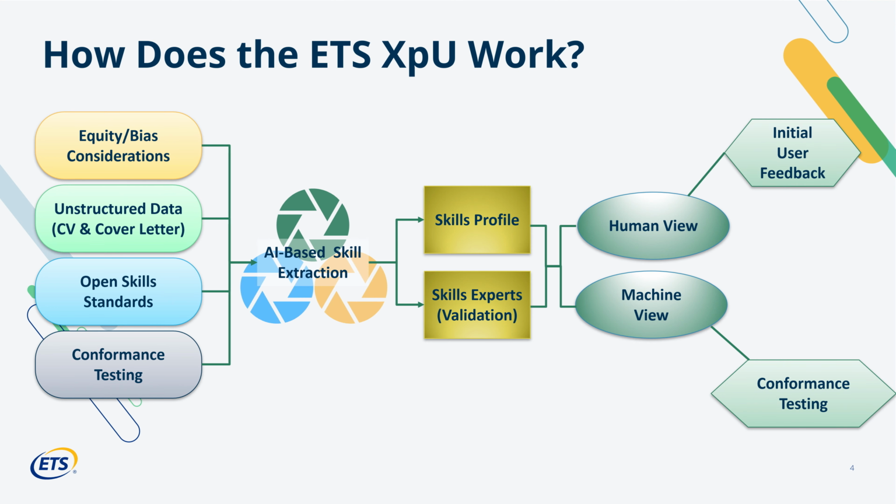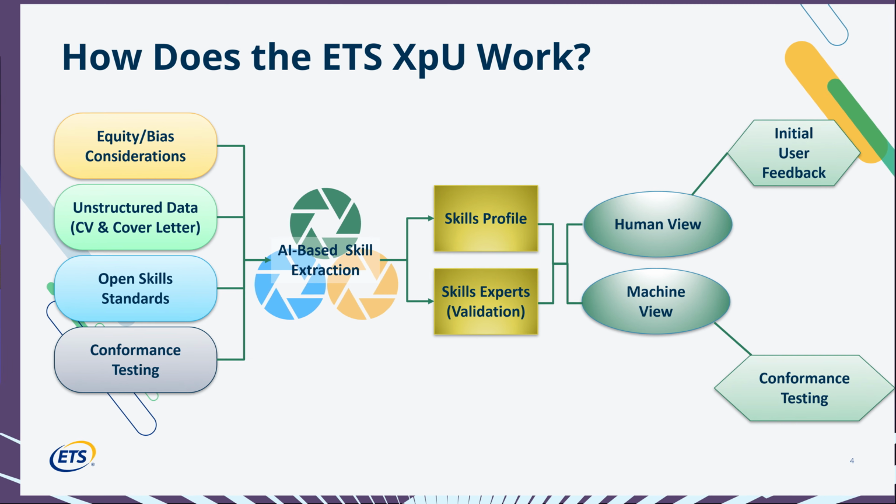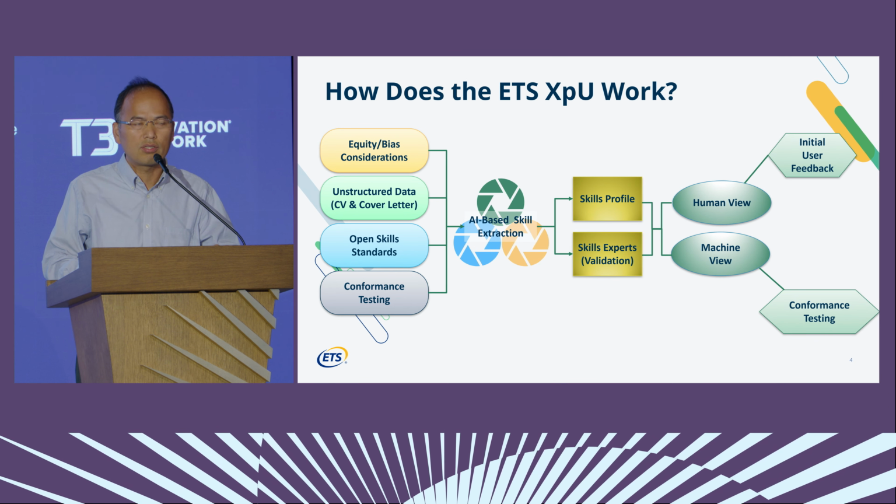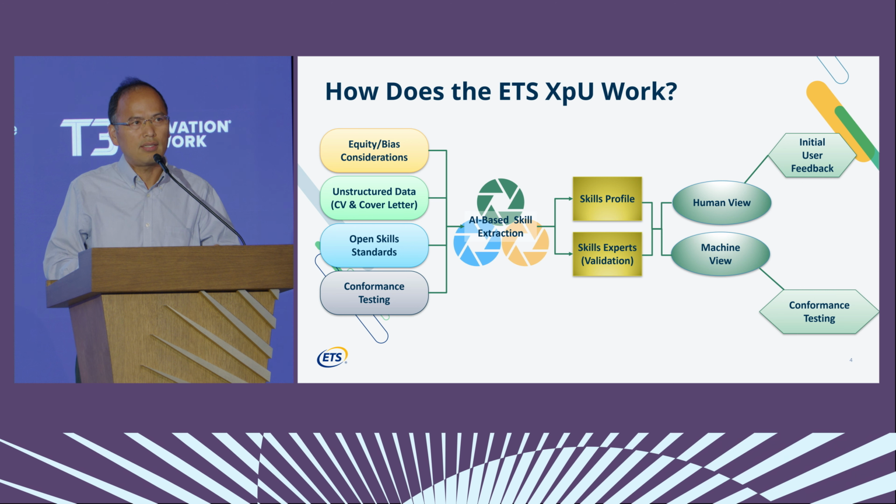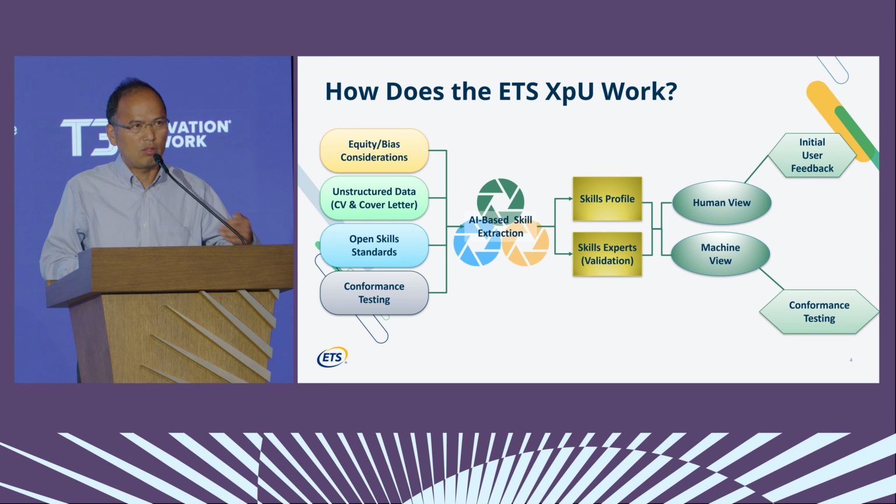So how this works, we started with multiple considerations. Besides the input from the individual workers, we need to identify an open standards skills framework. We also need to have equity and bias issues considered, as well as the conformance test when we try to build the system.